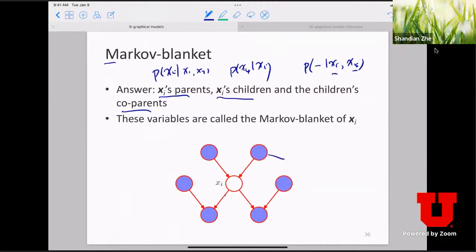And if you have other nodes, let me use another color, for example here, and here, and here, then conditioned on those blue shaded nodes, the Markov Blanket, the green nodes are conditionally independent of Xi. You can feel like it's a wall separating Xi and all the remaining variables.